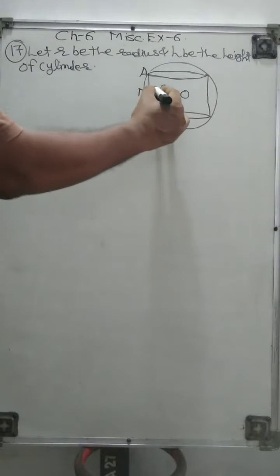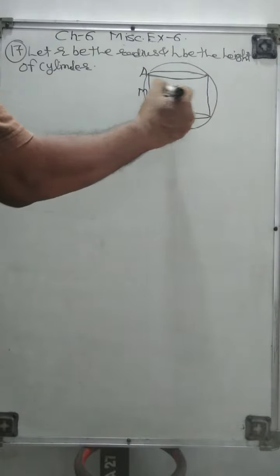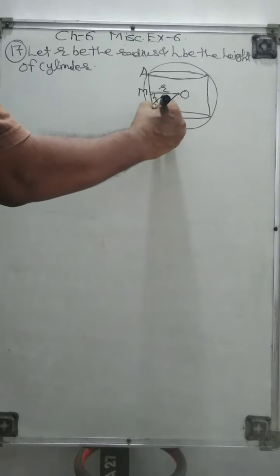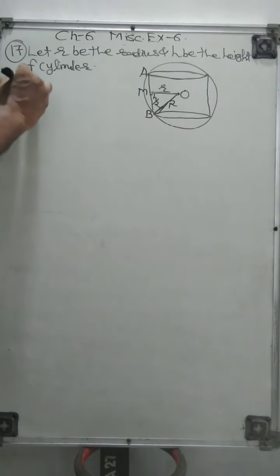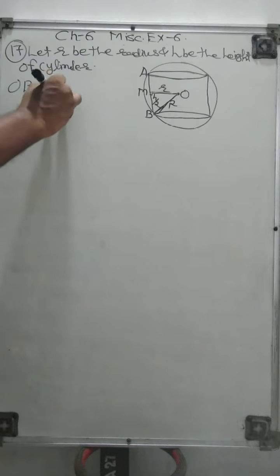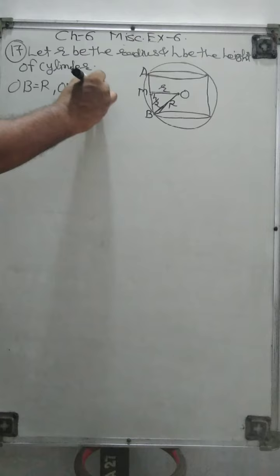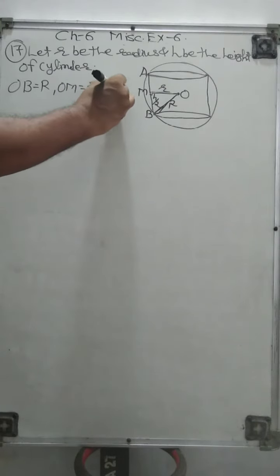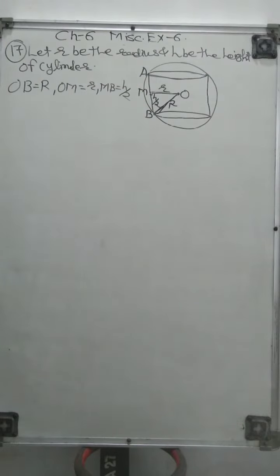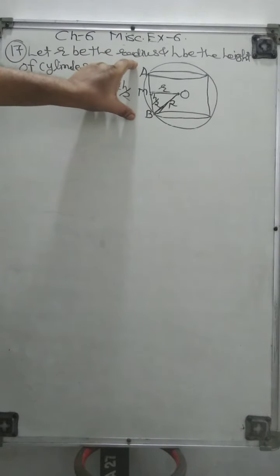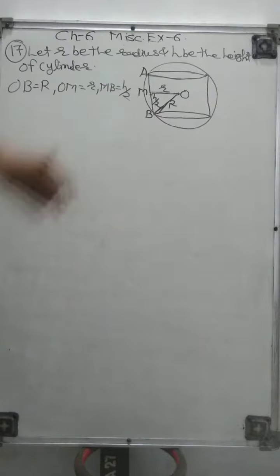So this is the radius of the cylinder, this is the radius of the sphere. OB is R, OM is small r, and MB is the half height. AB is the height of the cylinder, therefore MB is half of AB. It is h by 2.